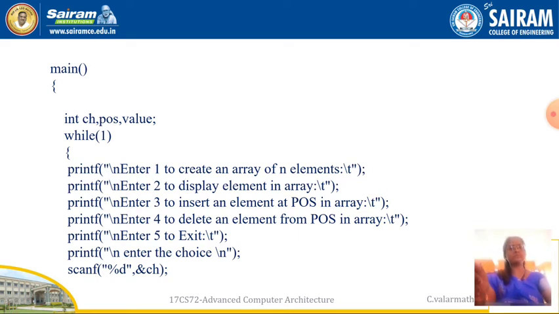Then we have to get the option they are going to select. For that, one more printf should be typed: printf enter the choice. After that, the choice should be scanned. How can it be scanned? By using the scanf function. When you use the scanf function, there are two parts.